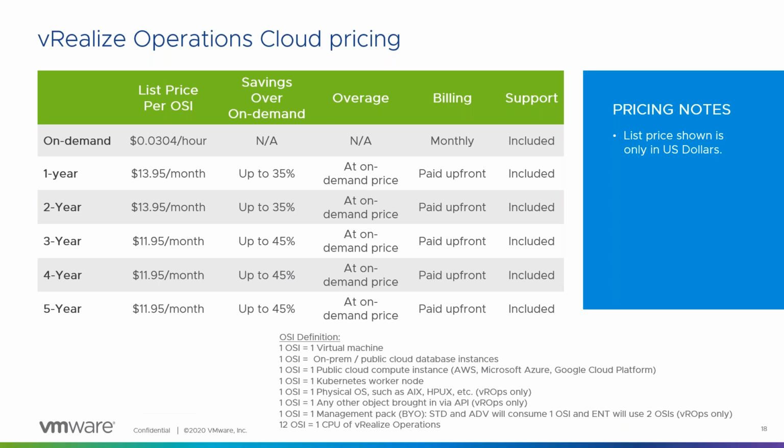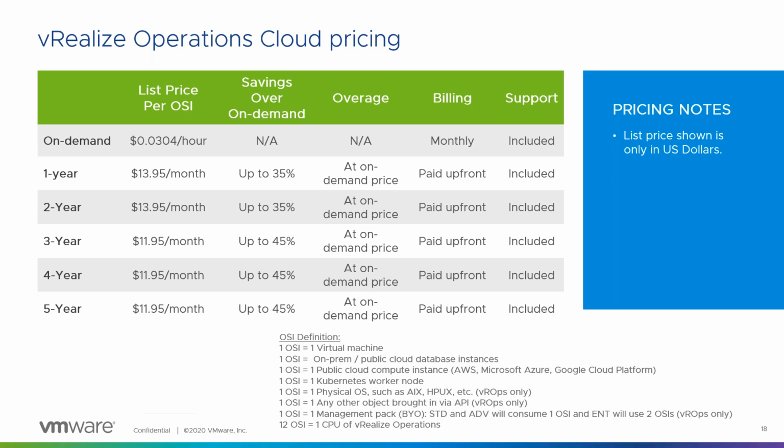And then when we look at management packs, if you're on standard and advanced edition of vRealize Operations on-prem, it'll consume 1 OSI, and for enterprise, it will be 2. And if you happen to have CPUs, the way this is estimated is 12 OSIs equals 1 CPU of vRealize Operations.